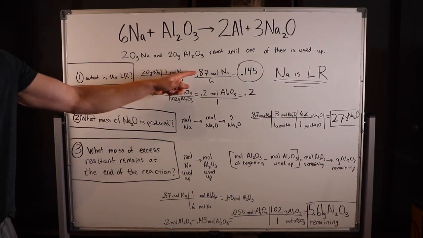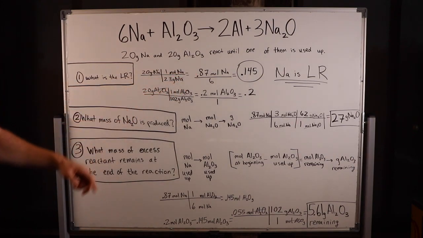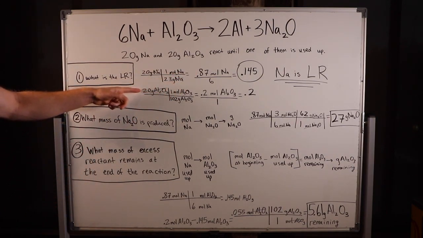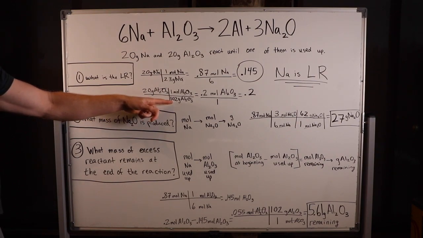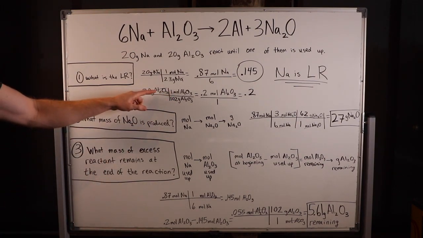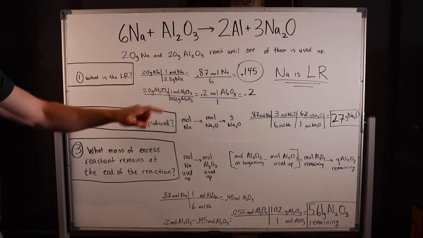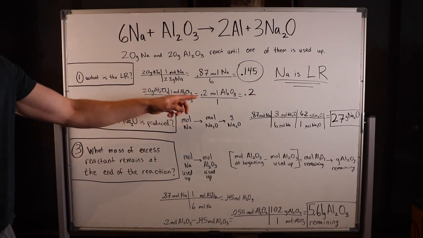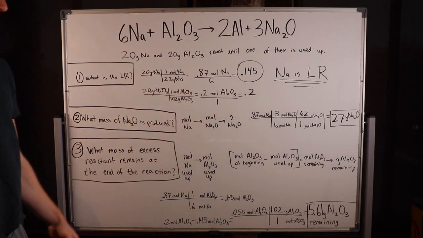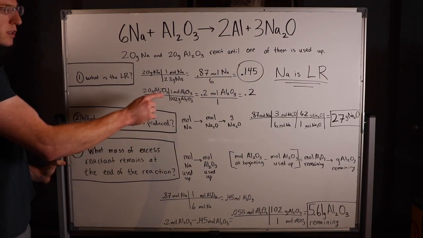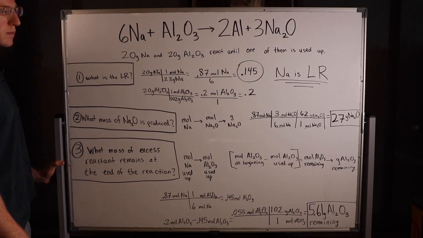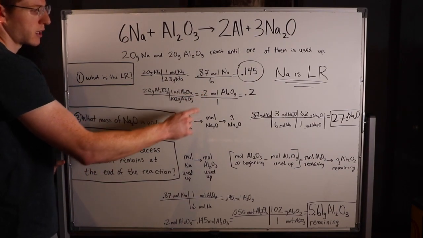We'll leave that there for now, and then we'll do the same thing for the aluminum oxide. We started out with 20 grams, and we know that 102 grams are in 1 mole of aluminum oxide, and this is the way the units have to cancel out. We end up in moles, and we get 0.2 moles of aluminum oxide. So this means that we started out with 0.87 moles of sodium and 0.2 moles of aluminum oxide.